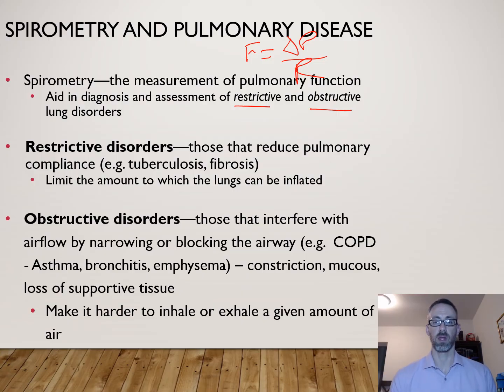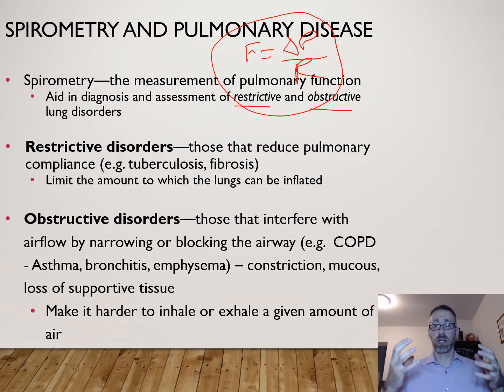Typically for people with obstructive disorders, it's easier to breathe in than it is to breathe out, and the reason is this. Looking back at our Ohm's law up here, the flow of air, as we take an inhale, the lungs are expanding. When they expand, they stretch the respiratory bronchioles, the terminal bronchioles, and all that, which are connected to the parenchyma, the connective tissue that surrounds them. As the lung becomes stretched and compliant and opens up, it pulls on the airways, and the diameter of the airways increases.